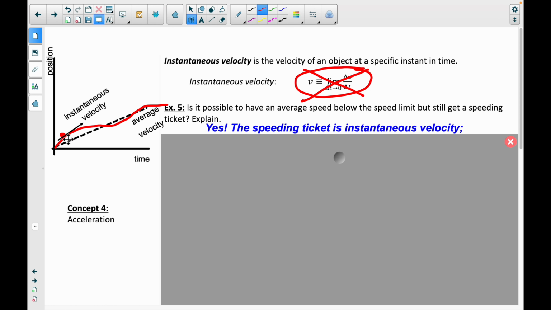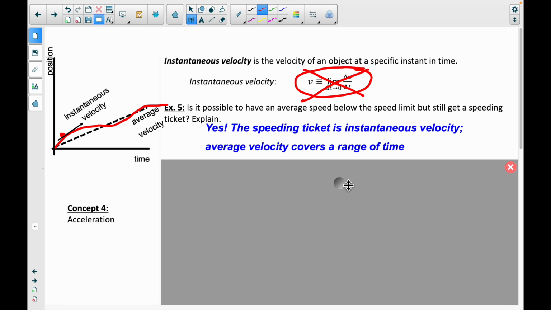Again, a little bit of a calculus concept. We don't need to worry too much about it, but I think sometimes it helps to see it graphically. And so this is my answer to number 5. Is it possible to have an average speed below the speed limit, but still get a speeding ticket? Yes, of course, that happens all the time because the speeding ticket is instantaneous velocity, whereas average velocity is the whole range of time.